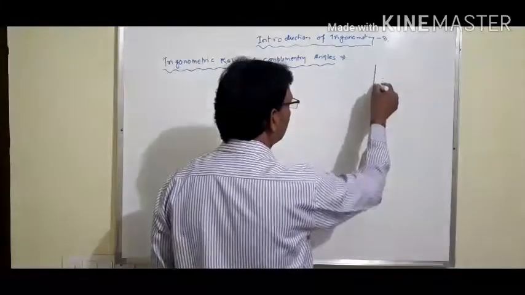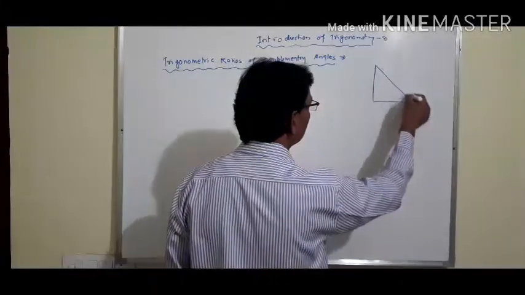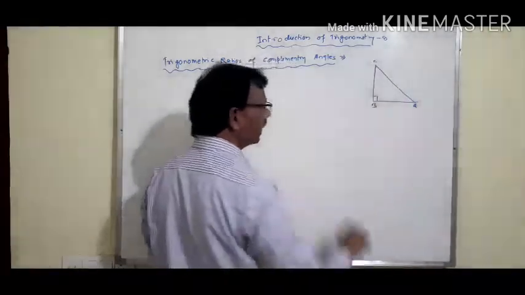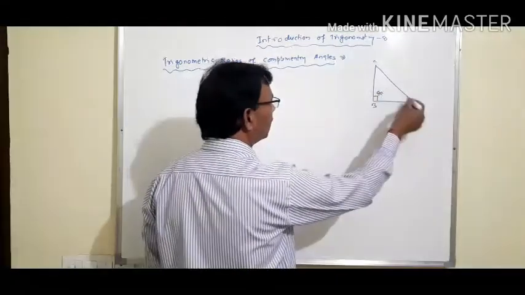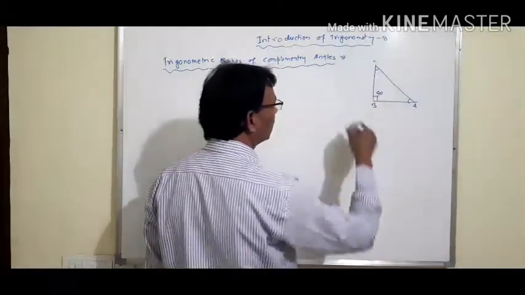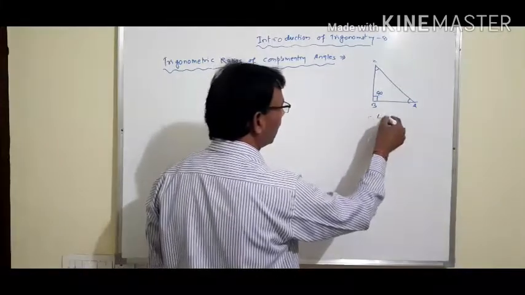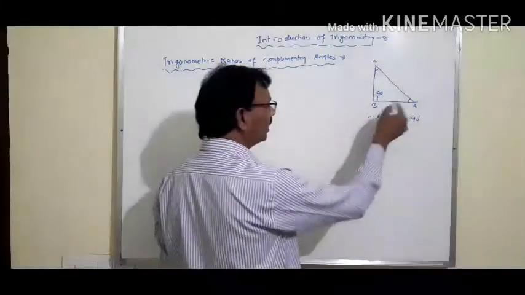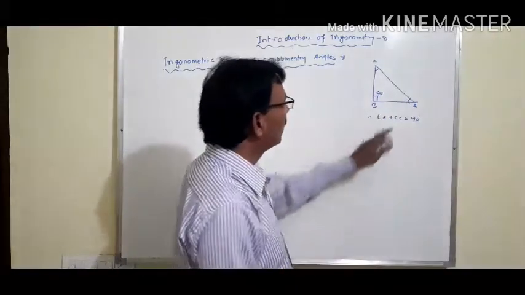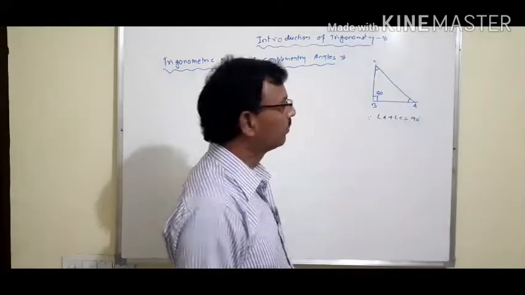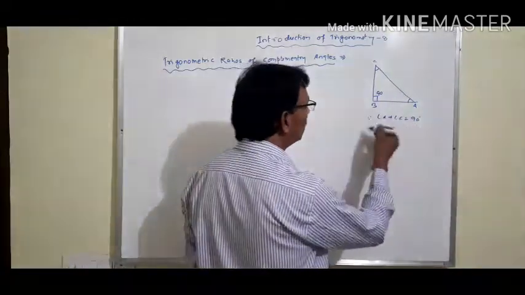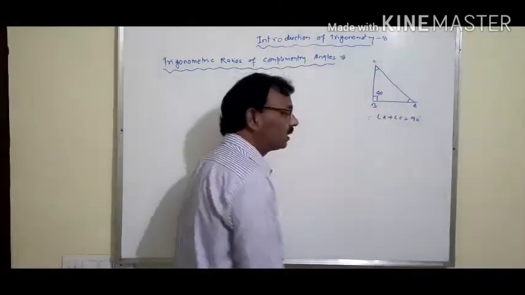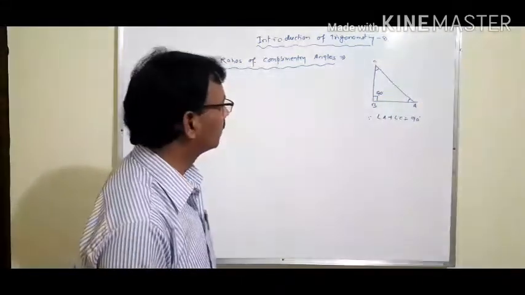In any right angle triangle ABC, in which angle B is 90 degrees, angle A plus angle C equals 90 degrees by the angle sum property of a triangle. So angle A and angle C are both known as complementary angles.